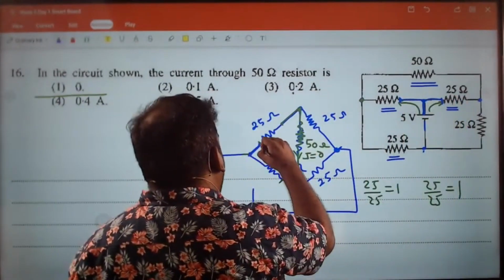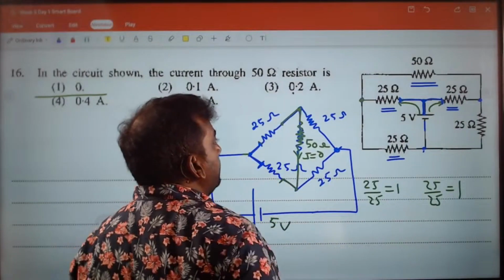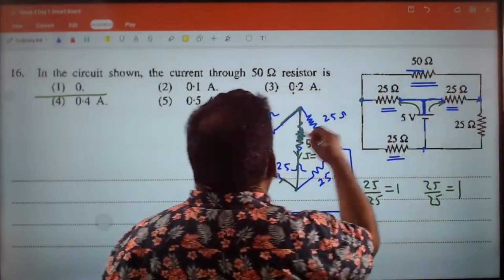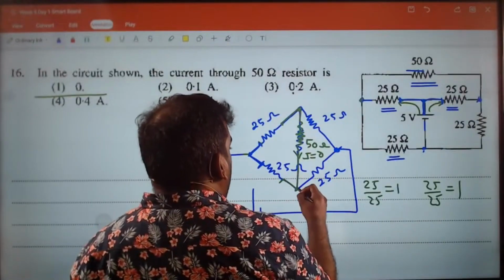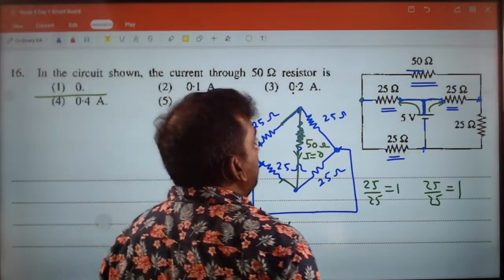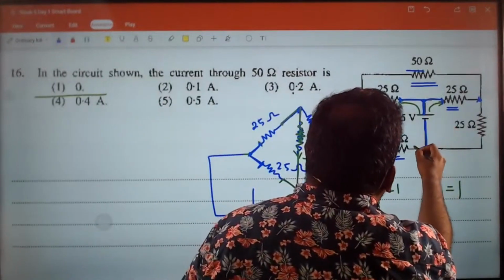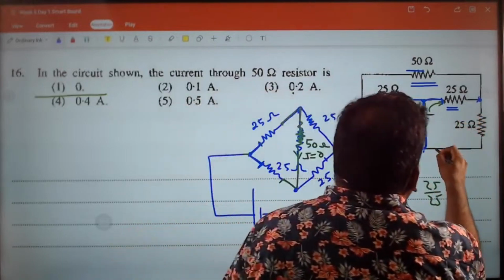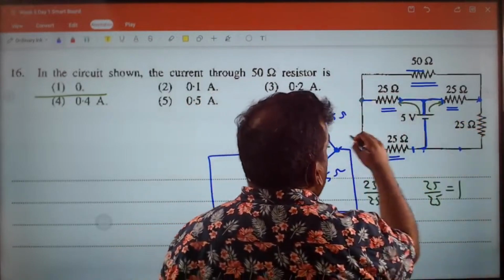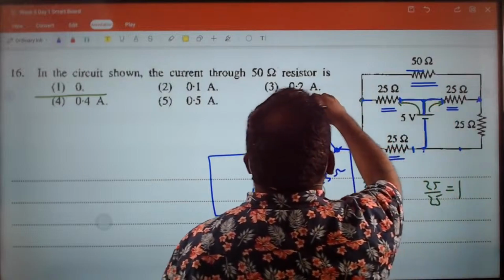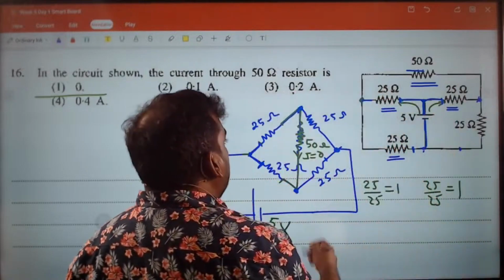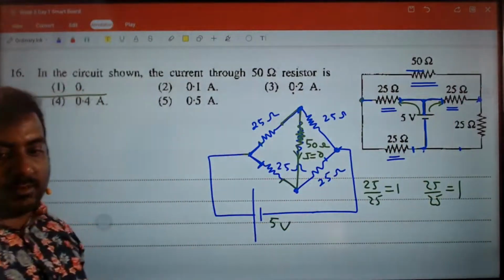The opposite end and the opposite end are connected by the 50. On the negative side, one end is connected to the 25 there, and the other end is connected to the 25 here. So there you go, Wheatstone bridge.